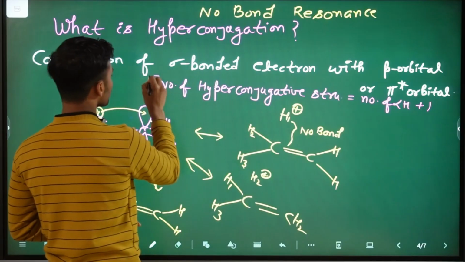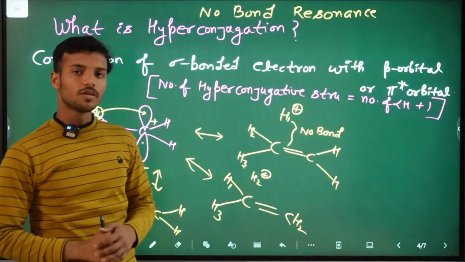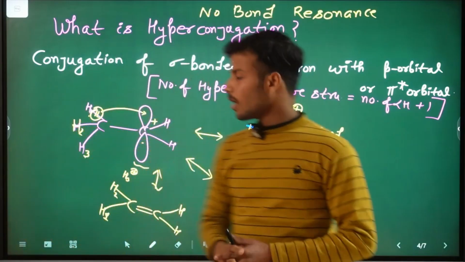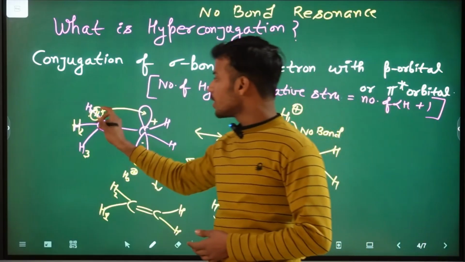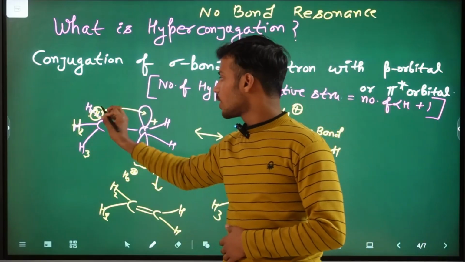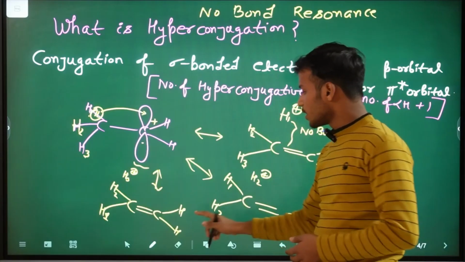This is the simplest formula to calculate the number of hyperconjugative structures. So how many are there? First see how many alpha hydrogens there are: 1, 2, 3.